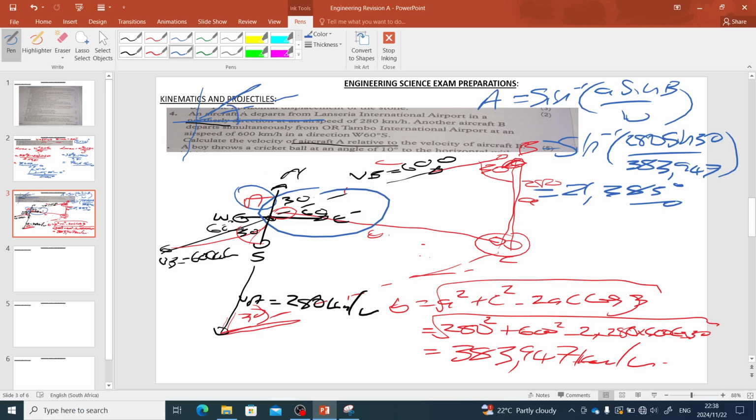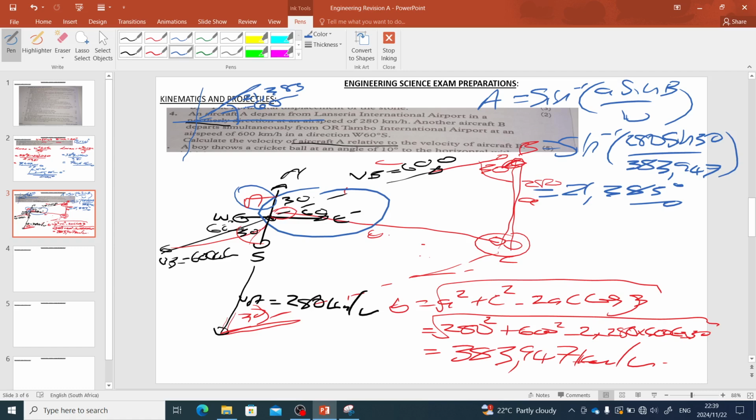The angle from there to there, it is angle 60. But this is where our resultant has occurred. The angle that we just calculated there is 21.385. Now we have to minus that from 60.